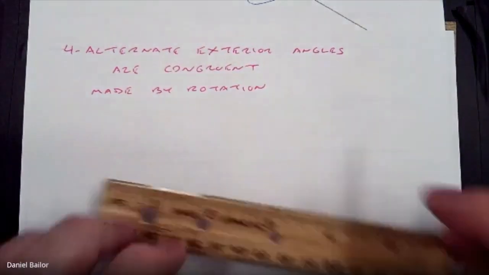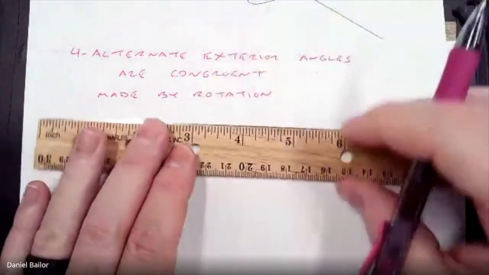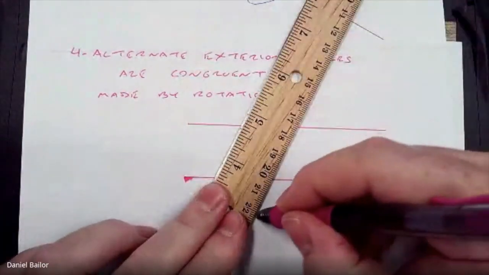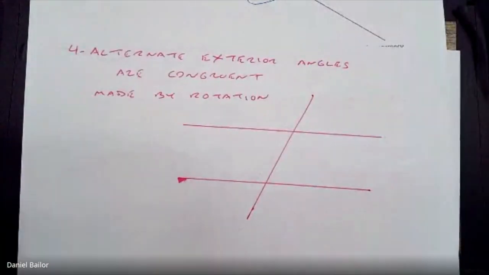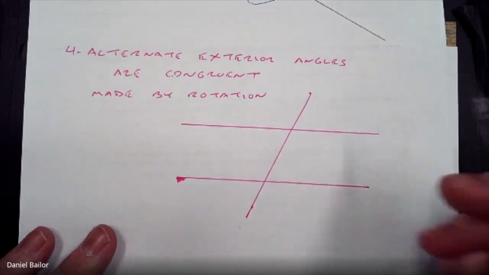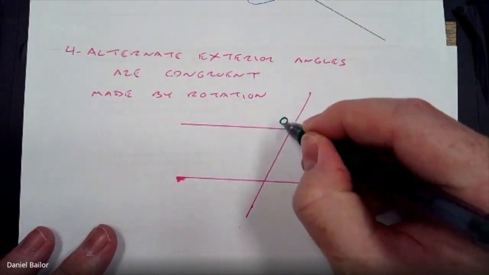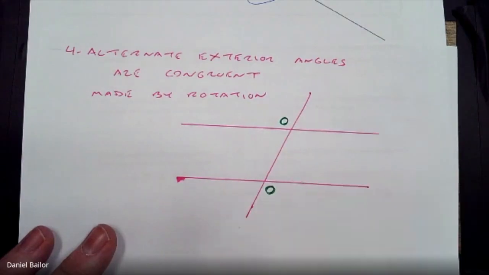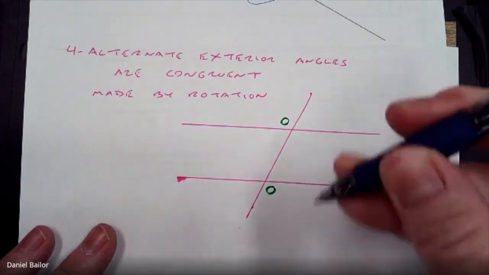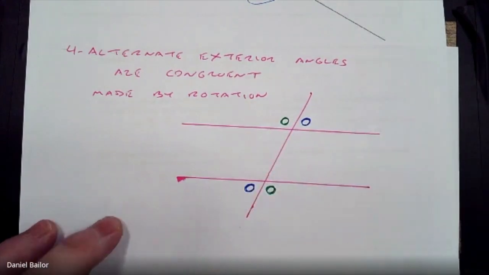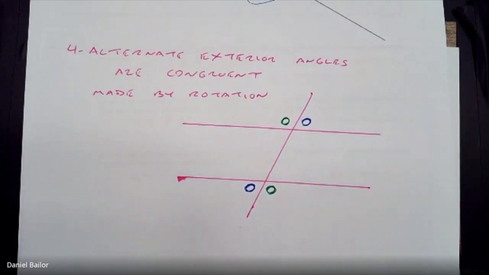Let me diagram this for you. We have parallel lines. We have a transversal that crosses both the parallel lines. And alternate exterior means they're on the opposite side of the transversal on the outside. So green equals green, and blue equals blue because they're alternate exterior angles.